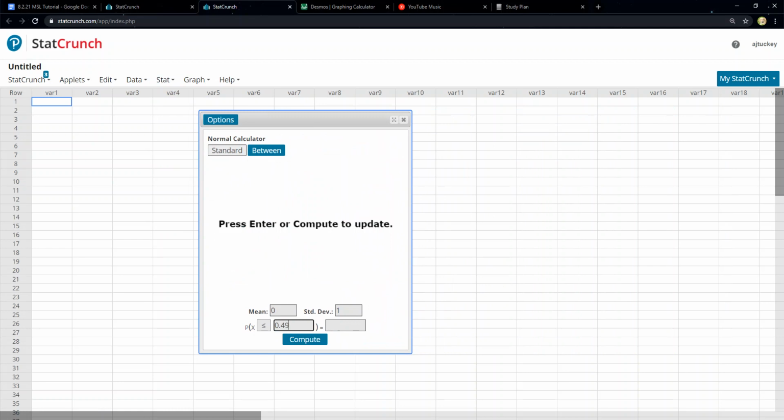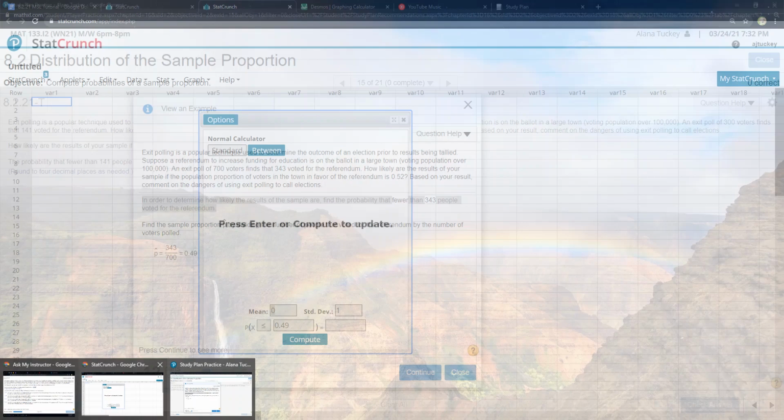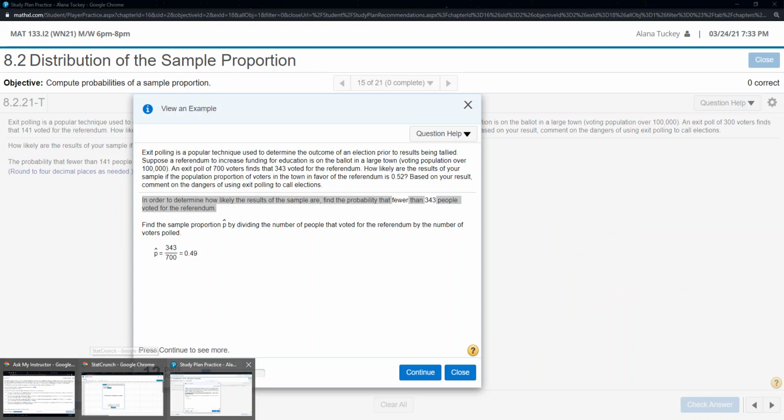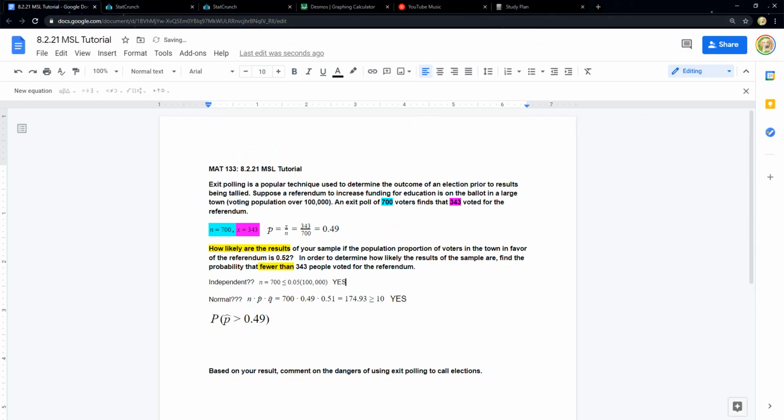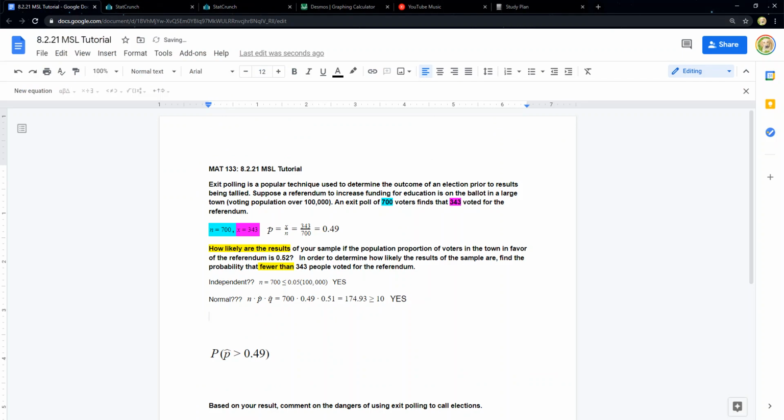I know that I'm talking about 0.49. That's great. So I know that it's less than 0.49, but I don't know my mean. So let me go back and look at the problem again. It doesn't really matter where I go. I'll go here, because I have it written up. All right, so we know this, we know this. So now let's look at the values they gave us.